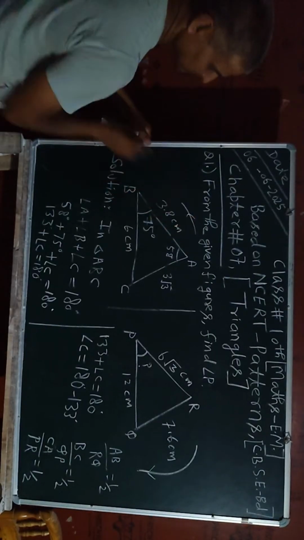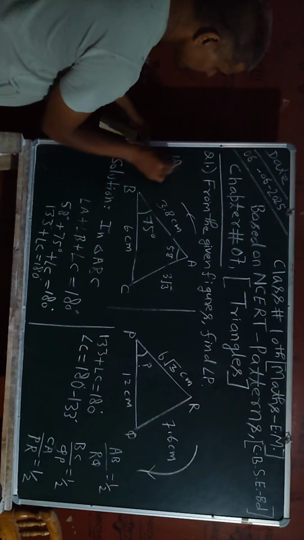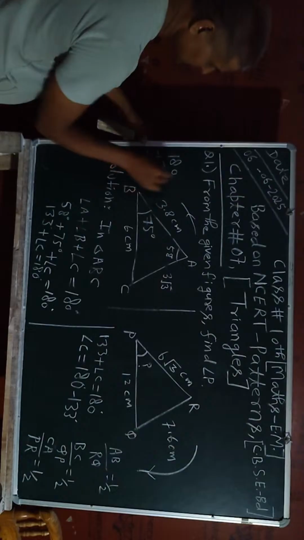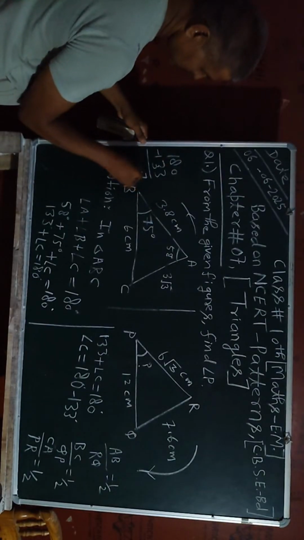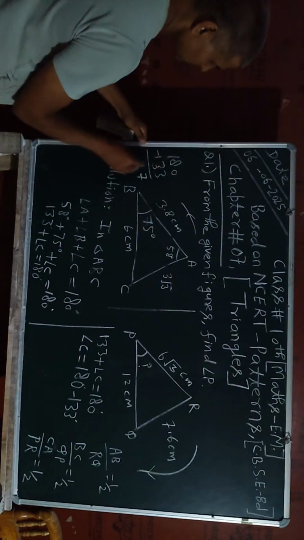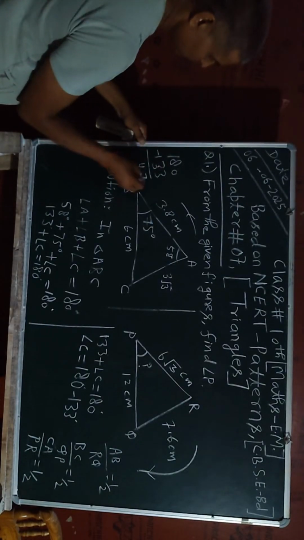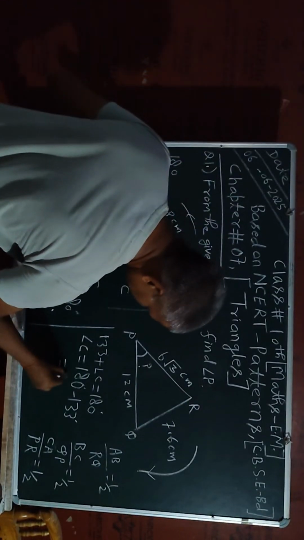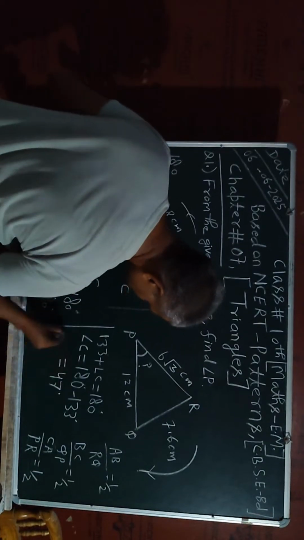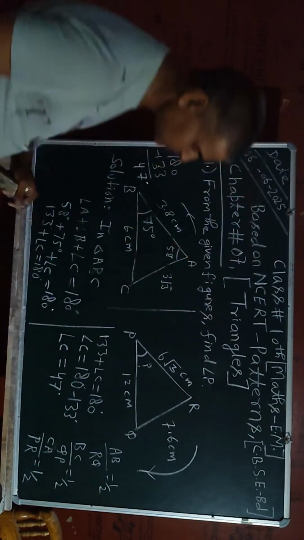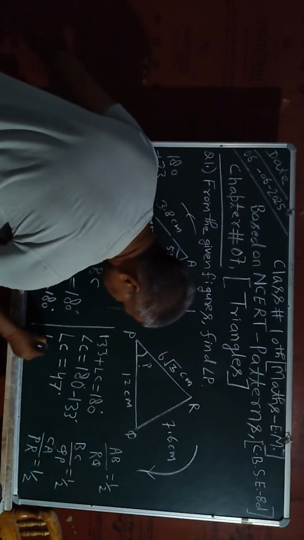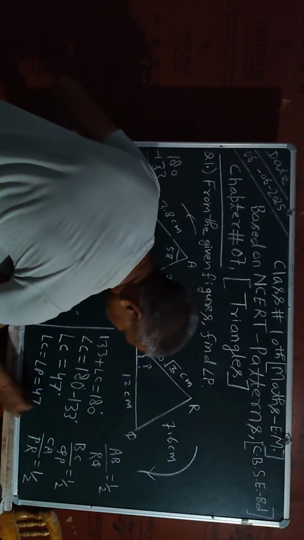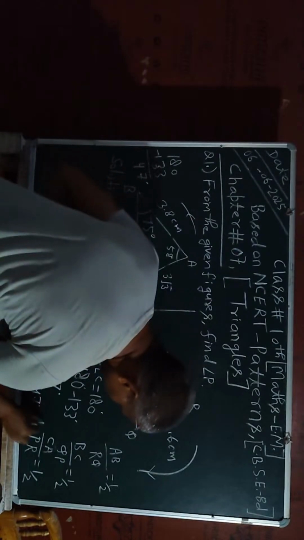Here I have to write like this: 180 minus 133. Now after subtraction I will write 47 degrees. So angle C is equal to 47 degrees. Now angle C is equal to angle P, and its value is 47. This is the answer of this question.